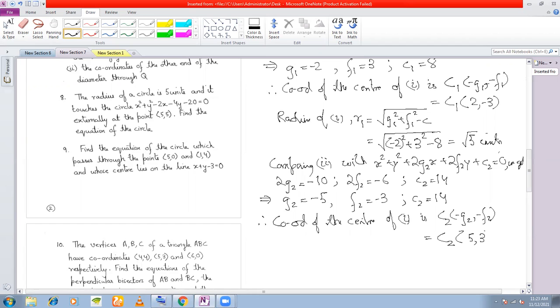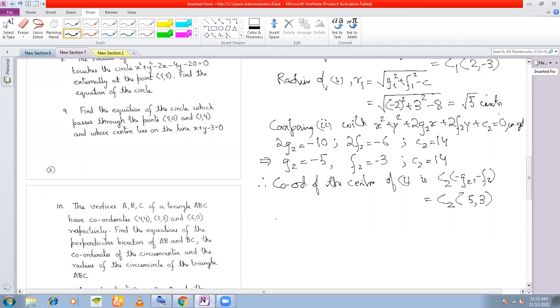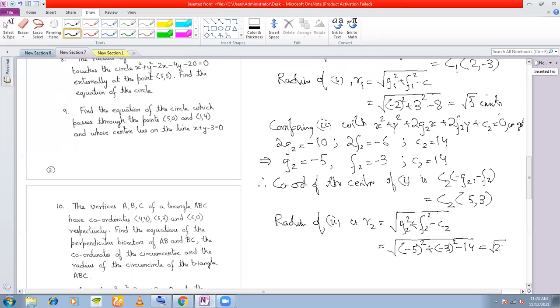And the radius of 2 is R2 is equal to root over of g2 square plus f2 square minus c2, which is equal to root over of (minus 5) square plus (minus 3) square minus 14. So you get the radius of this as root 20, which is equal to 2 root 5 units.